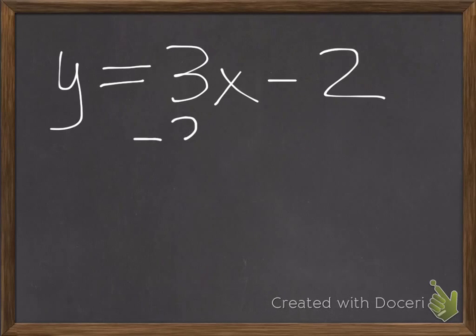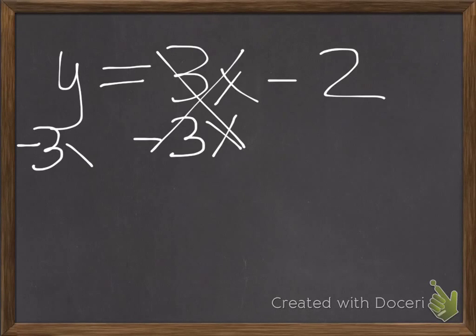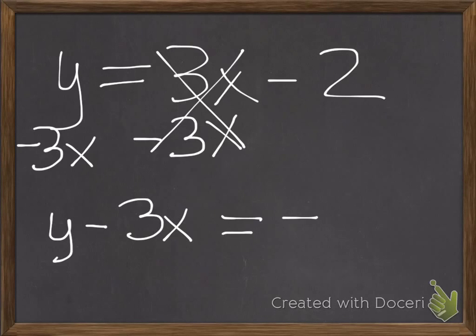So we need to subtract it from this side. And whatever we do to one side, we do to the other. So I'm also subtracting. And then I need to rewrite y minus 3x equals negative 2. And now that I've had x and y on the same side, this would be in standard form.